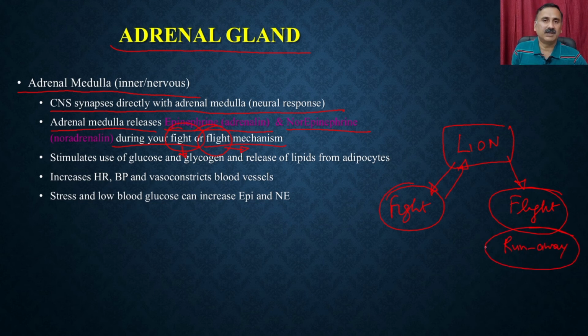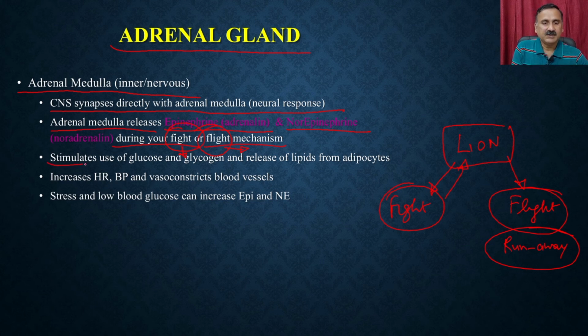This decision, whether you are going to fight with the lion or run away from that position, is going to be decided by the epinephrine and norepinephrine secretions. So, if there is a lower level of secretion of epinephrine and norepinephrine, you will indulge in the fight. But if there is a huge quantity of epinephrine and norepinephrine secreted, then you will say, okay, I cannot win with the lion. So, what is better is I should flee, I should run away, okay.